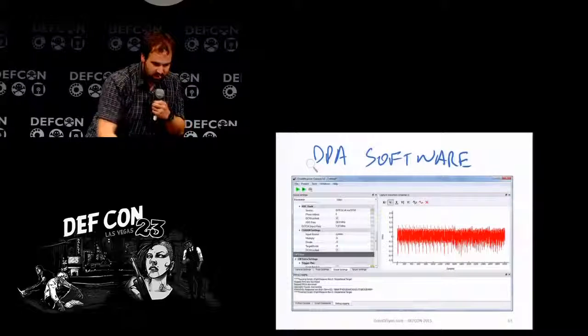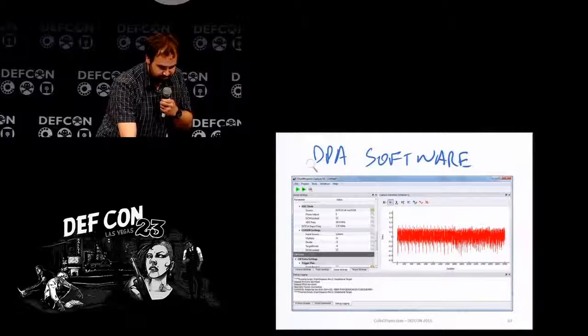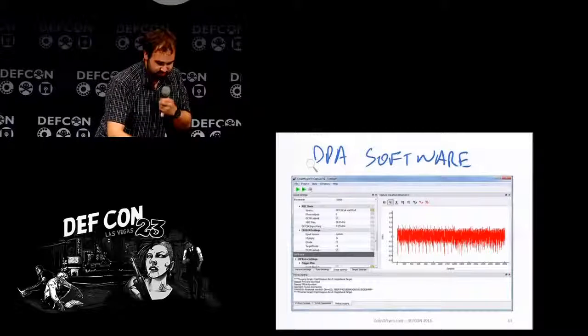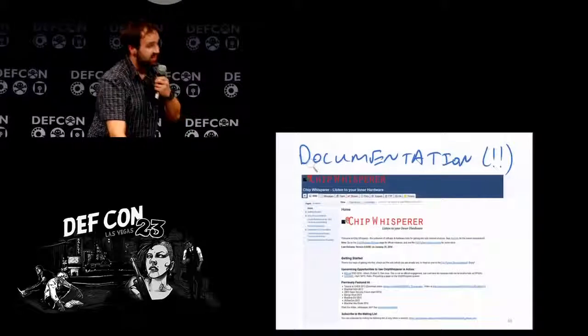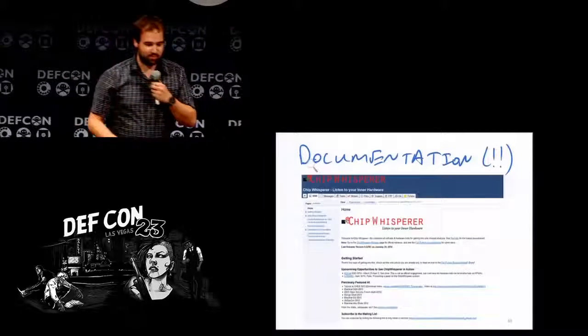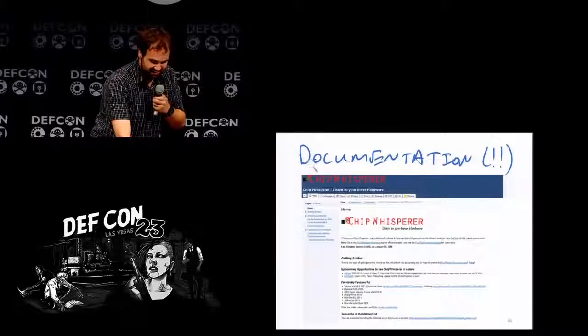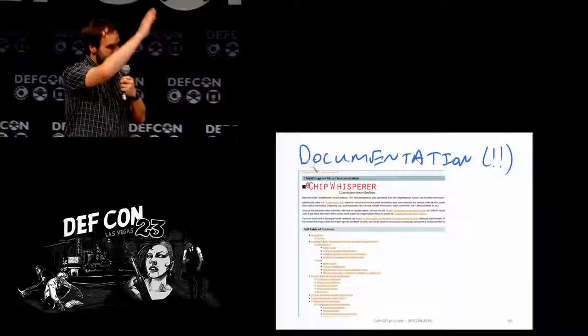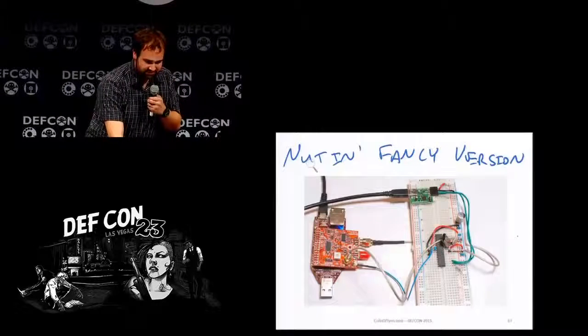All right, so all of this works with this ChipWhisperer software I was using, and it's all open source, written in Python, so you can hack away at it. And there's a ton of documentation. That's one thing people are always surprised with for some reason, is that I've spent a lot of time trying to make good documentation. So it goes through tutorials of how to set up everything and play with your own tools.